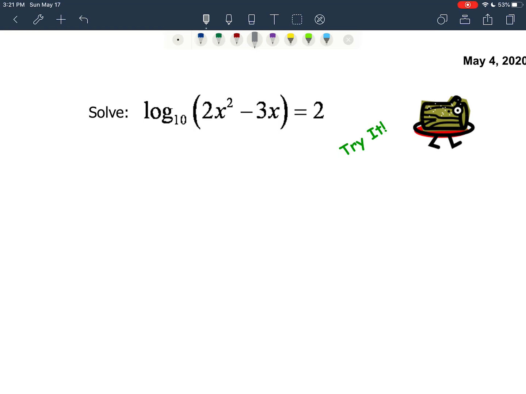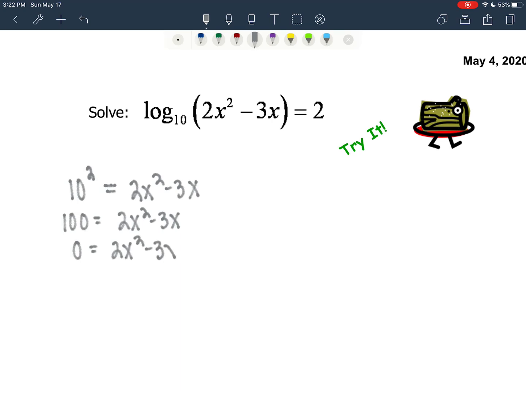Okay, our first step is to write in exponential form. So 10 squared is equal to 2x squared minus 3x. That's going to be 100 equals 2x squared minus 3x. We'll set our equation equal to 0. And then we're going to try and solve this. It's not factorable.